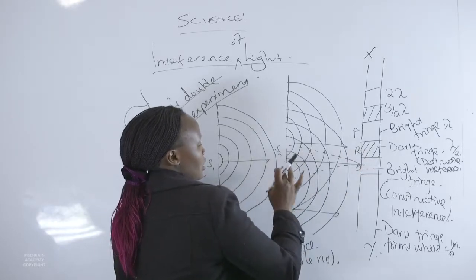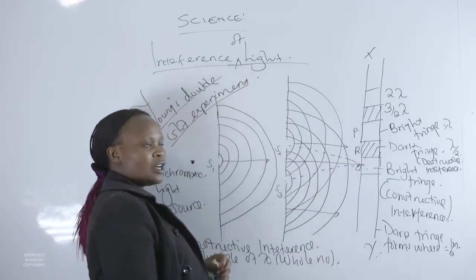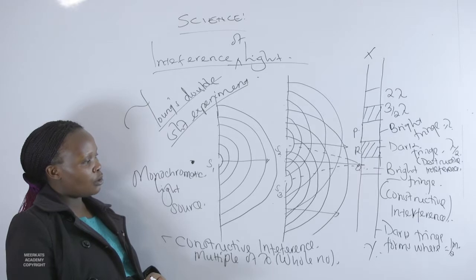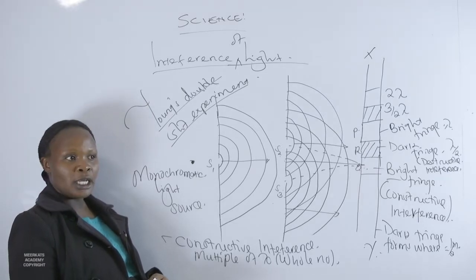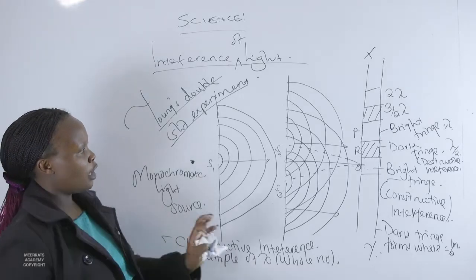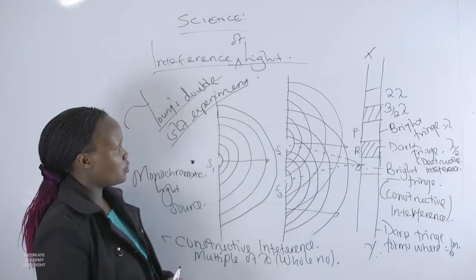Now, there will come another point where you subtract S3R minus S2R and you will have a half multiple of lambda. That is the point where we expect destructive interference to take place, and it will yield the first dark fringe.